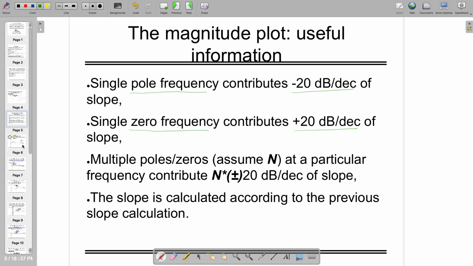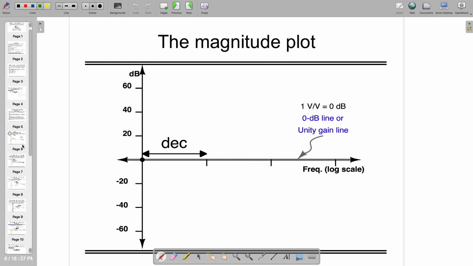So let's learn how to make the magnitude plot. Magnitude plot has x-axis in frequency, y-axis in decibel, and each block on the x-axis is 1 decade. You can see such kind of things in your semi-log paper. So each one of them is indicating one number, but going from one block of the frequency to another, it's 1 decade.